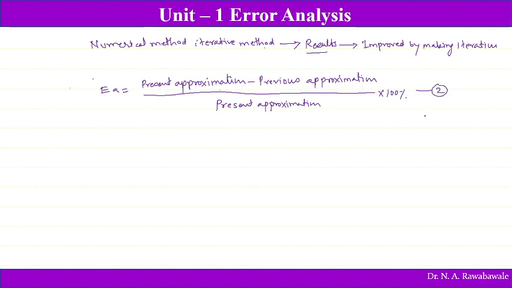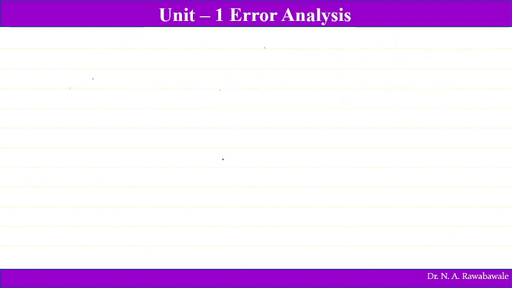The sign of equation 1 and equation 2 may be either positive or negative, but here we are concerned with the absolute value of these errors, not the sign, whether the error is positive or negative. Now we will see the Maclaurin series, how this approximate error and true error are obtained for it.